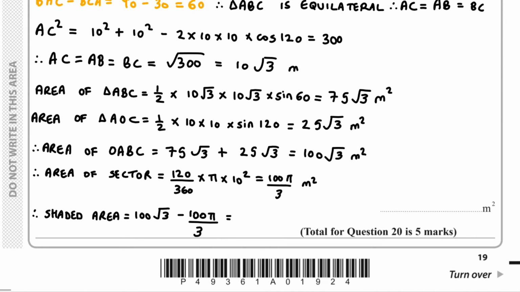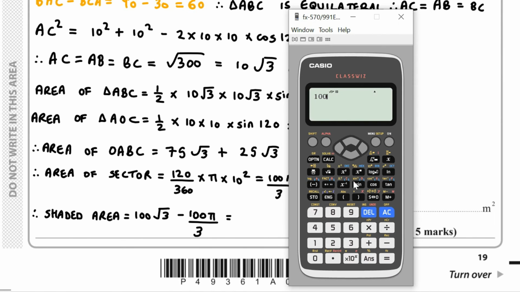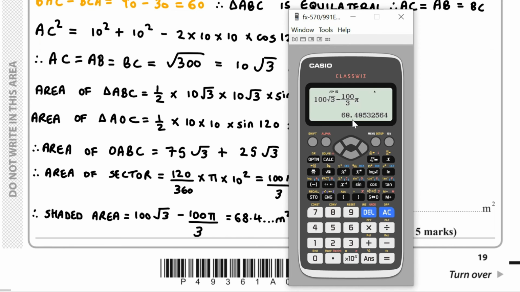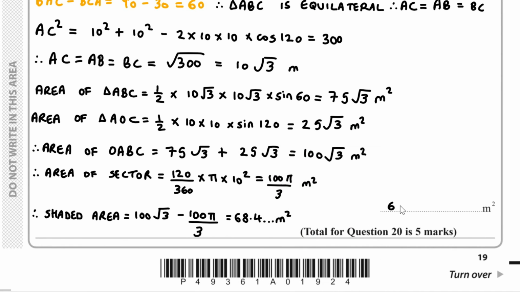So if we work this out, we've got 100 root 3 minus 100 over 3 times pi, so we get 68.4 etc. meters squared. And if we want this to 3 significant figures as stated in the question, if we round this to 3 significant figures, we get 68.5 meters squared.